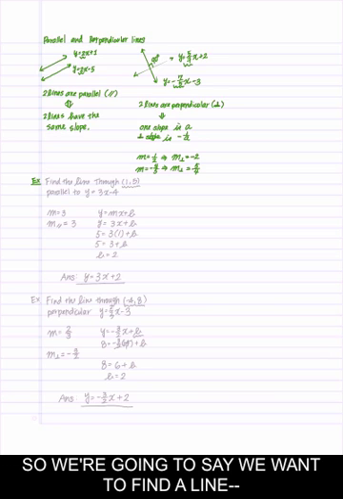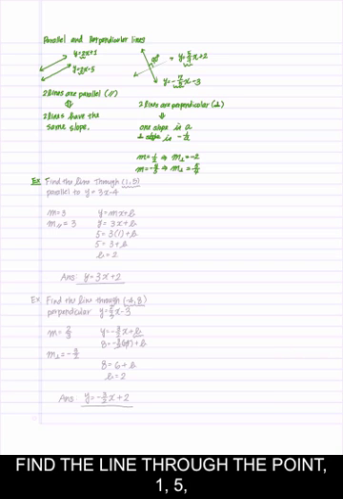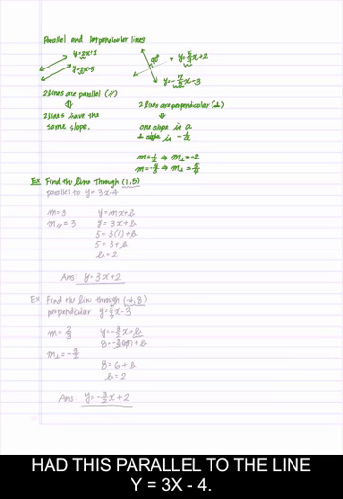So we're going to say we want to find a line through the point 1, 5 that is parallel to the line y equals 3x minus 4.